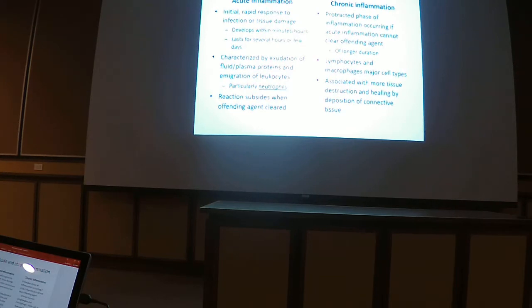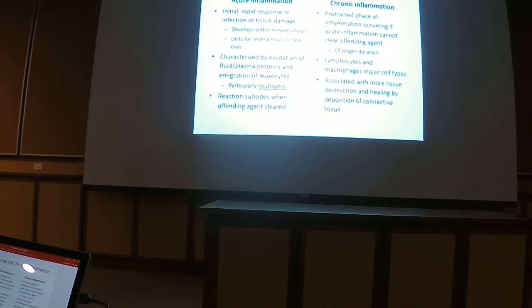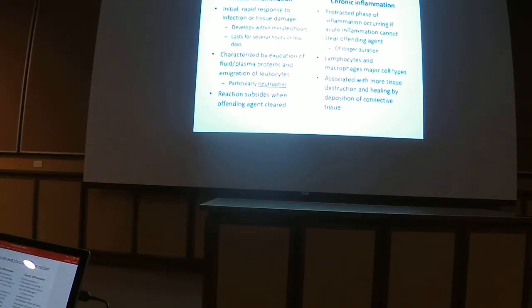Macrophages work closely with lymphocytes, particularly T lymphocytes, but macrophages are the main player in chronic inflammation, and we will get back to that. Chronic inflammation is associated with more tissue destruction and healing by deposition of connective tissue, which is a reference to scarring, the type of healing that occurs when there is a robust amount of tissue destruction.